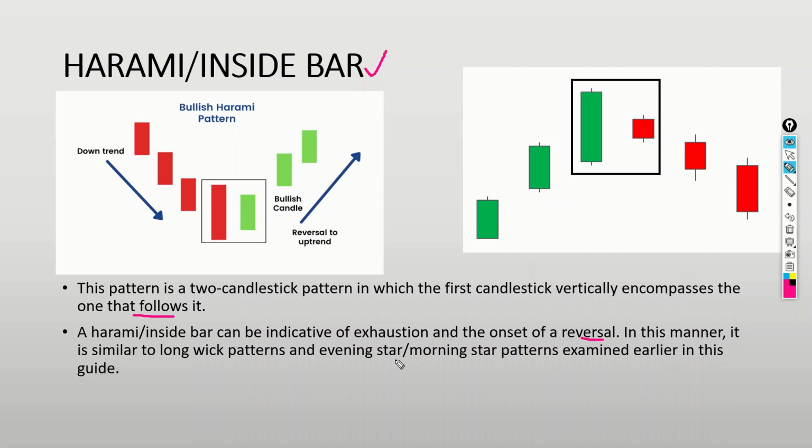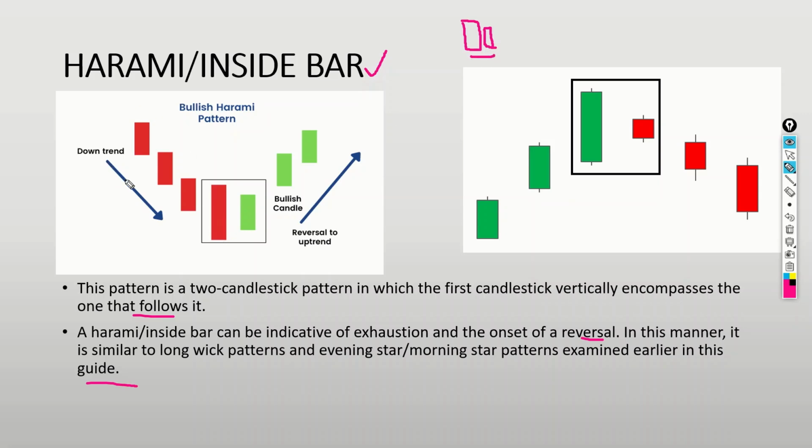In this manner, it is similar to a long wick pattern and evening star or morning star patterns examined in later slides. So for a Harami, you get a big candle, and this big candle is engulfing the following candle. That is what we call the Harami.